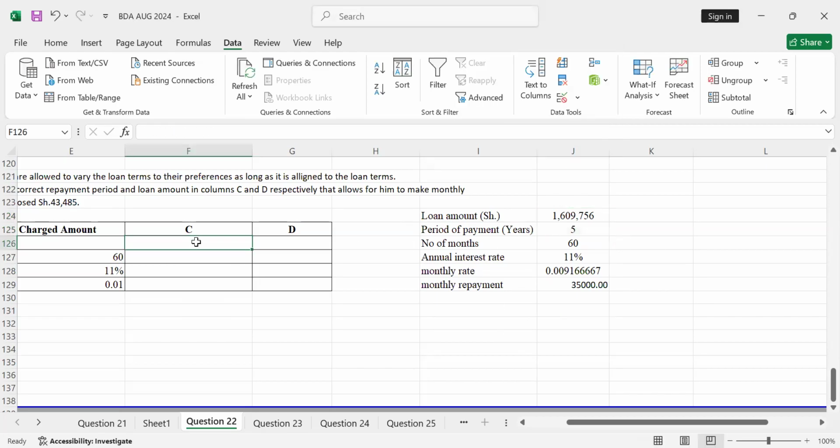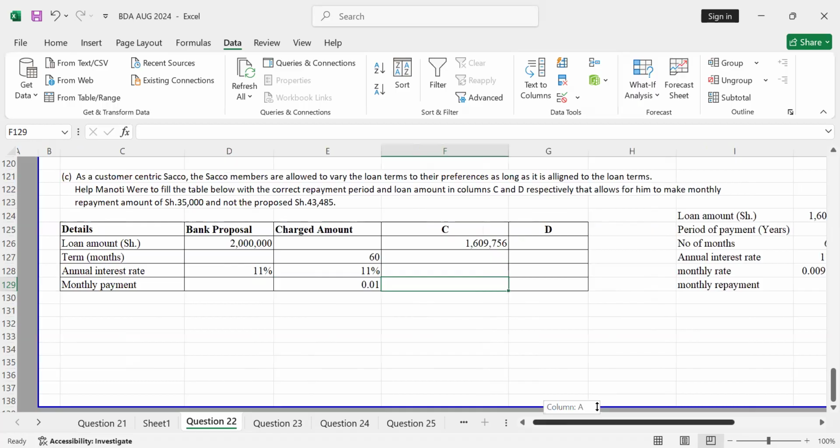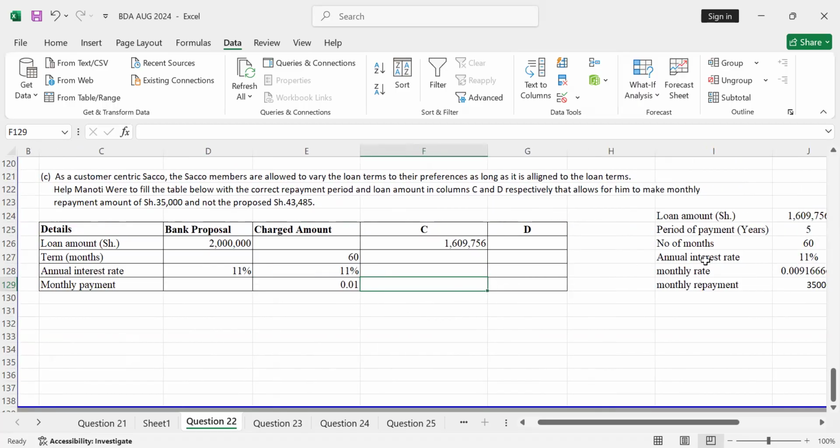So you just come here, say for the loan amount, it is equals this, the loan amount. Then the principal amount we know is paid 35. That is the monthly repayment, equals this 35.